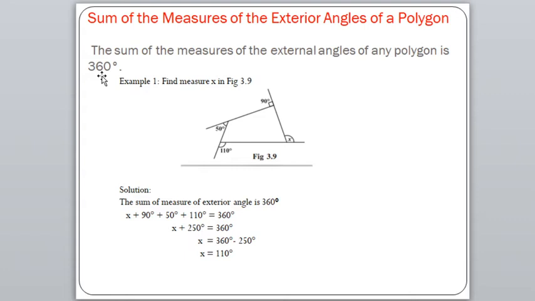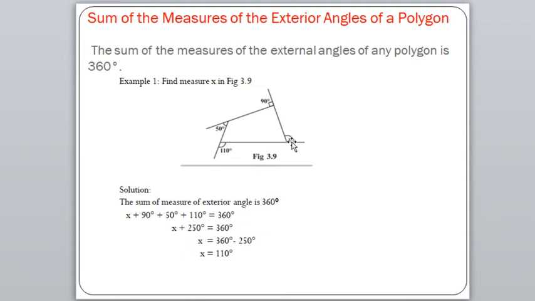So why is it 360 degree? I will explain using this figure. See here, this is the first angle, second angle, third and fourth. All four angles are given in the exterior and four sides are given. The first angle starts at this side and ends at the next angle.